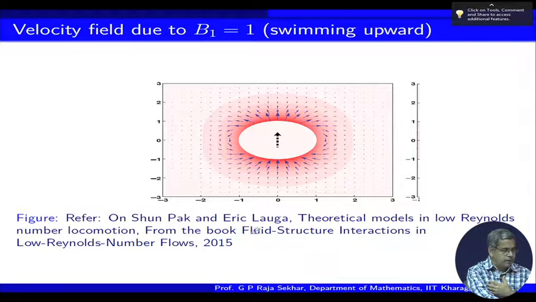For details, one may refer to this work. So, for positive B1, this indicates swimming upward. It is only by virtue of u that it is happening. So, it is swimming upward, no squirming happening.